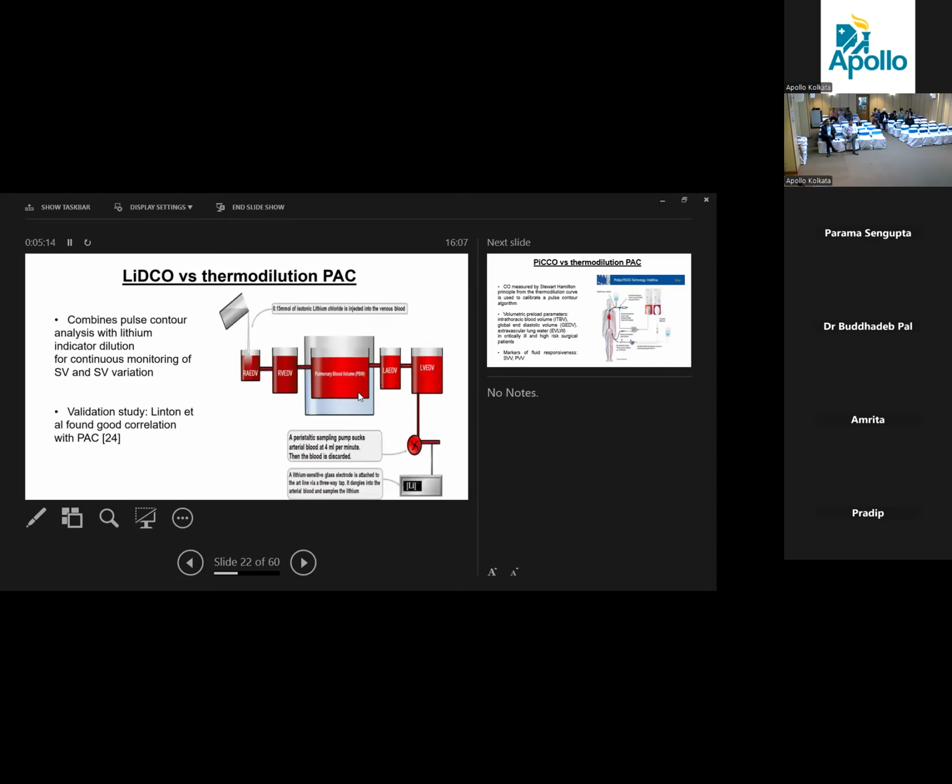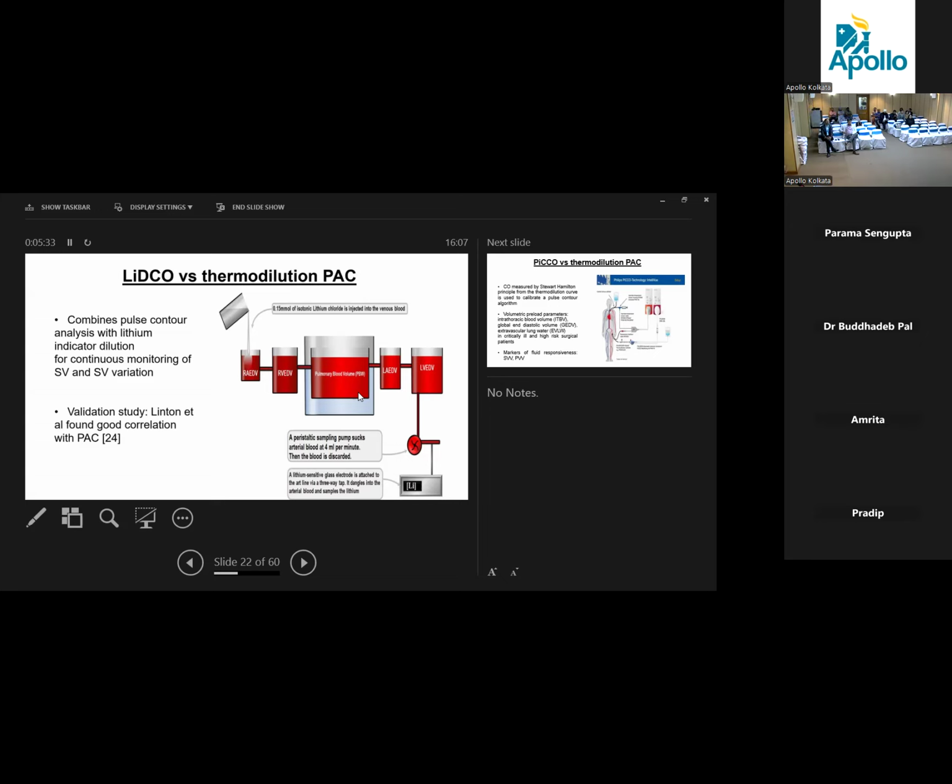LIDCO, which is lithium dilution cardiac output, is a continuous cardiac output monitor that uses the principle of pulse contour analysis. It is a semi-invasive method, and it gives us stroke volume variation.